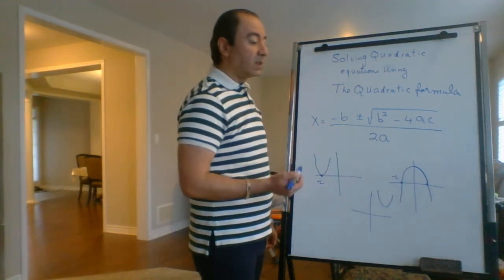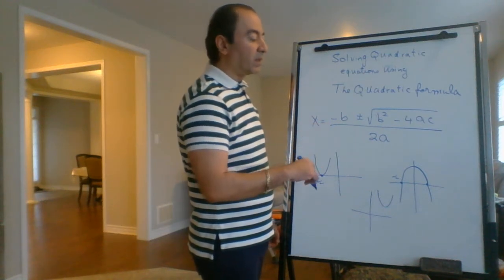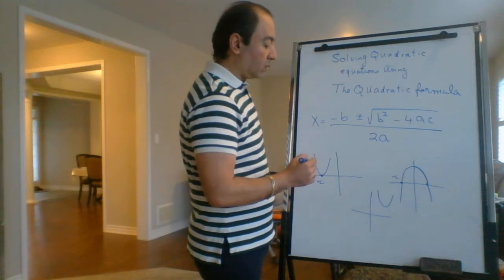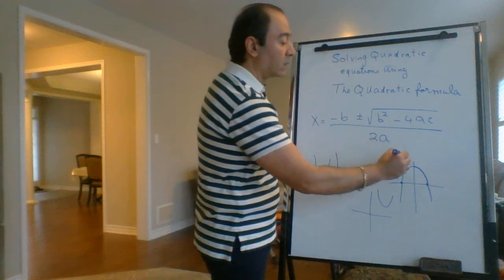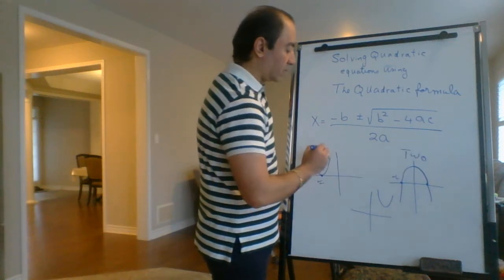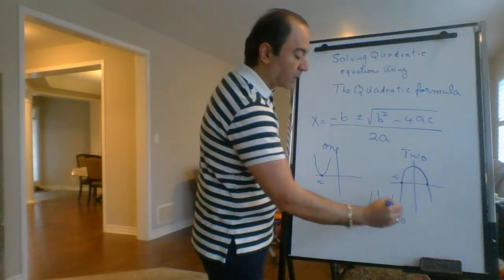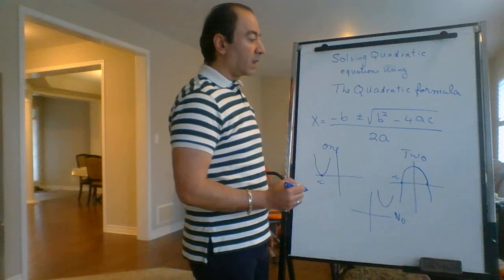We are going to see this more with something called the discriminant. I will explain that when we come to it. But for now, you must know that sometimes we have two solutions, sometimes one solution, and sometimes no solution. Okay? Not every quadratic has a solution.